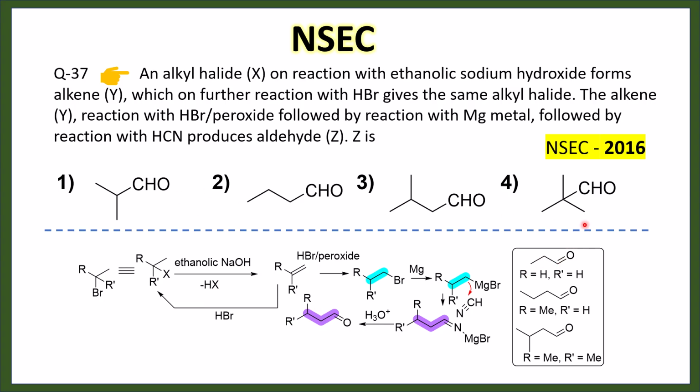There is no option for propyl aldehyde. When R or R dash is methyl and the other is H, then we find this N-butyl aldehyde. So 1, 2, 3, 4. That means this is option 2. Now if both R and R dash are methyl, then we find this aldehyde. So this is option C. So both the options are correct.